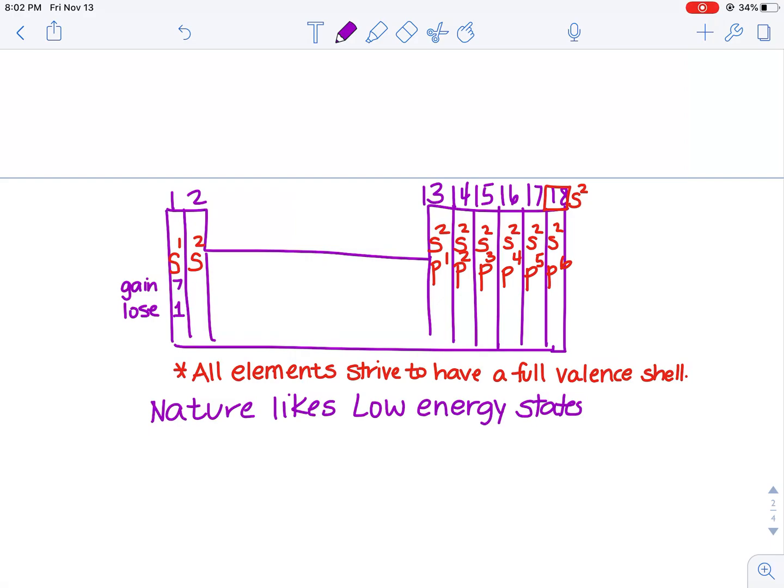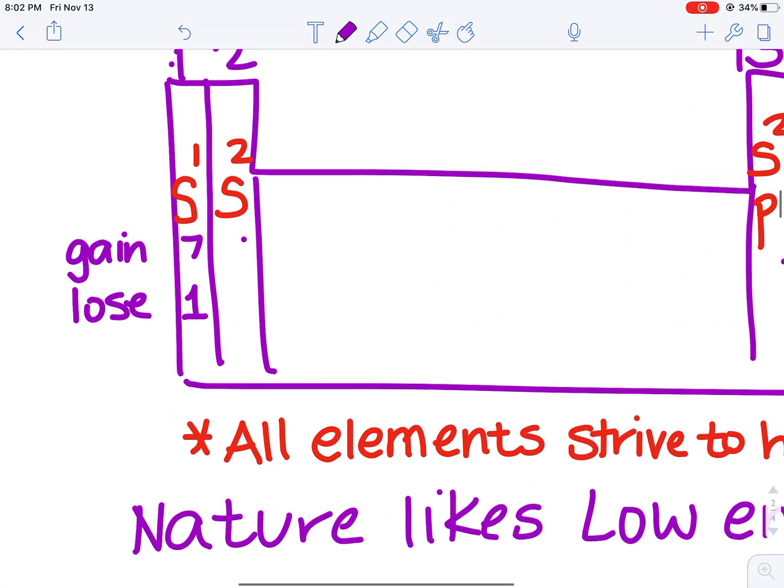So if my elements in group 1, hydrogen and the alkali metals, want to get a full shell, hydrogen would either need to gain 1 to look like helium, or it could lose 1. And all of my alkali metals can either gain 1, 2, 3, 4, 5, 6, 7 to get a full shell, or they can lose 1. Nature is going to prefer that they lose 1.